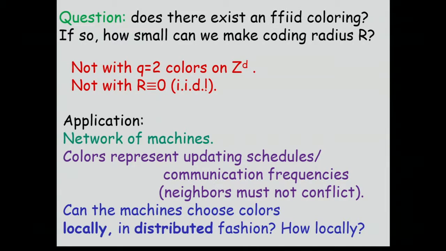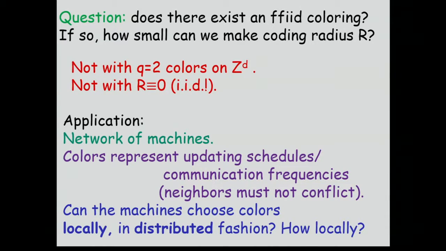So the basic question is going to be, does there exist an FFIID colouring? And then if so, we have this quantitative question. We have this coding radius, which is this random distance that you have to look to determine the colour at the origin. How small can we make that random variable?